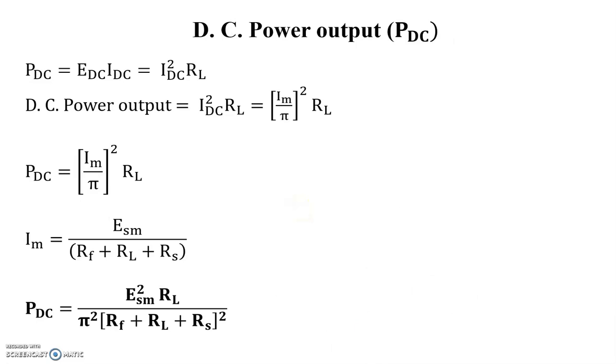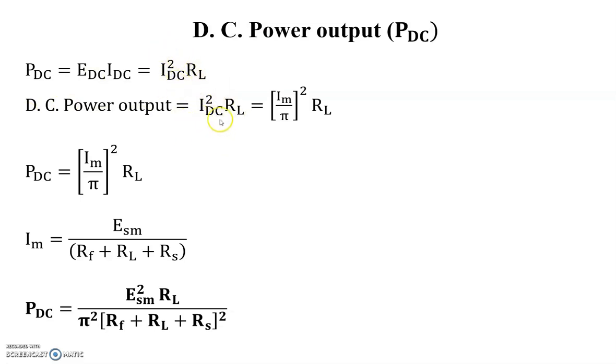Next one, what is the DC power output? Power is generally voltage into current, and voltage in terms of Ohm's law is I into R. So again substitute, the DC power output is IDC square into RL.